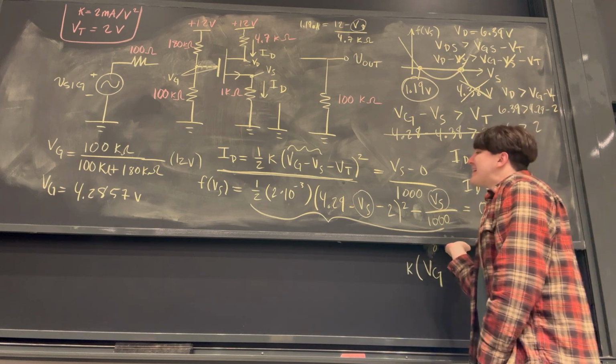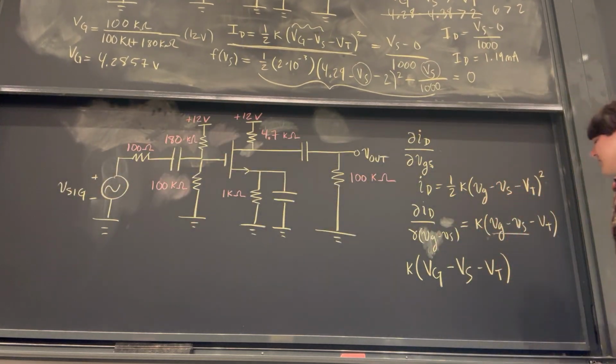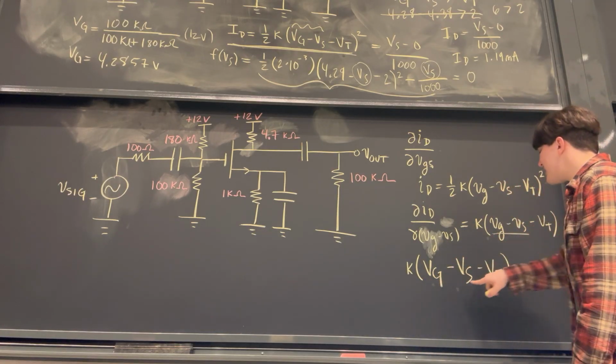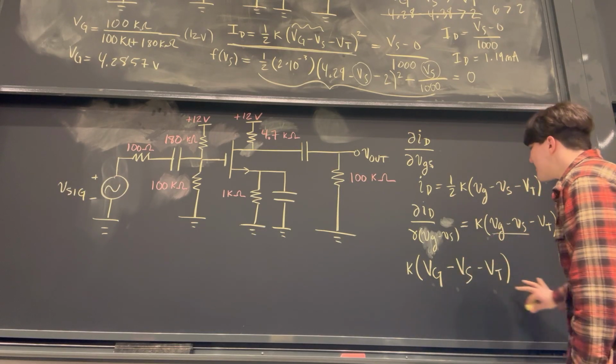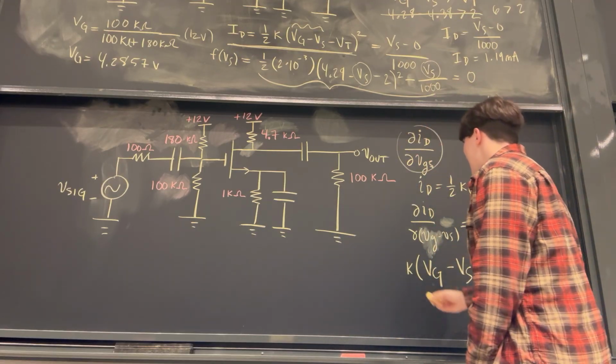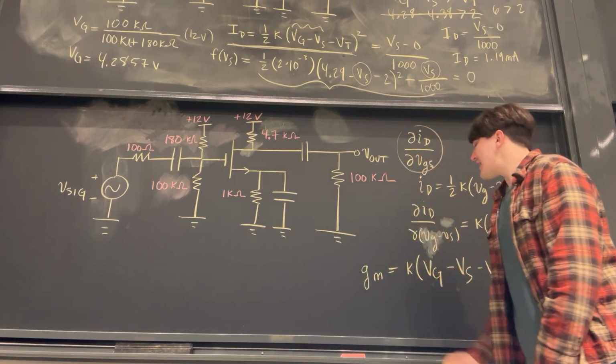They're just constants, direct currents, no time variation. So this right here, K times VG minus VS minus VT, is how we find the transconductance. And this is all just defined to be GM. We give it a special name, GM.